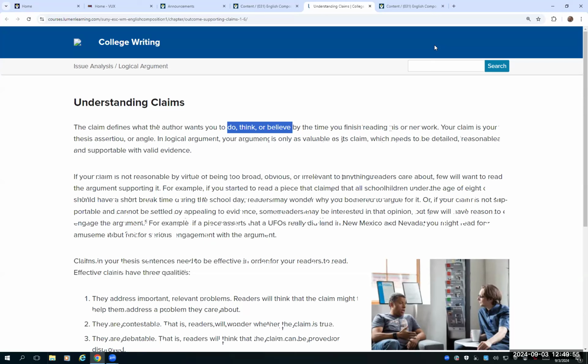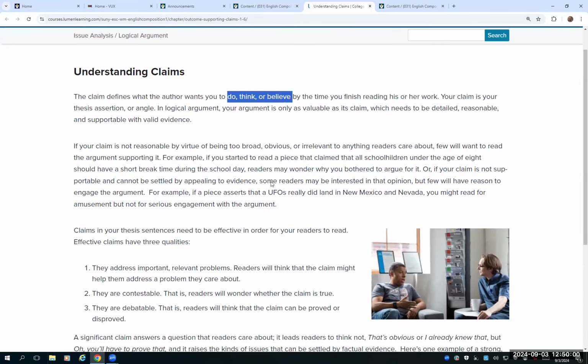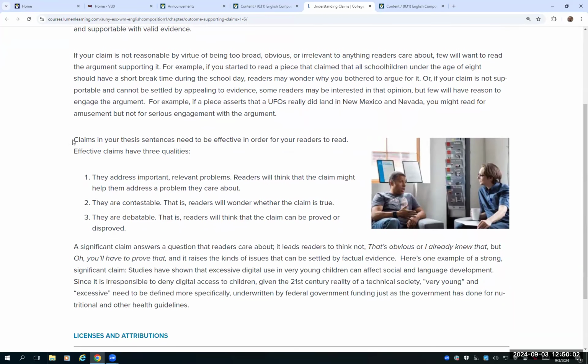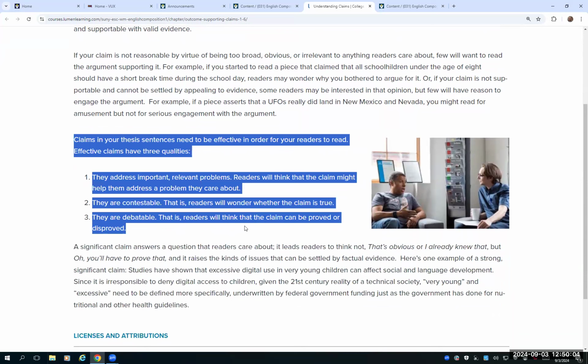Okay, now, the next thing, the article that we're reading talks about 3 qualities of effective claims. So when we're writing a claim or we're looking to identify something that is a claim, they have 3 important qualities. The very first thing is that they address important, relevant problems.